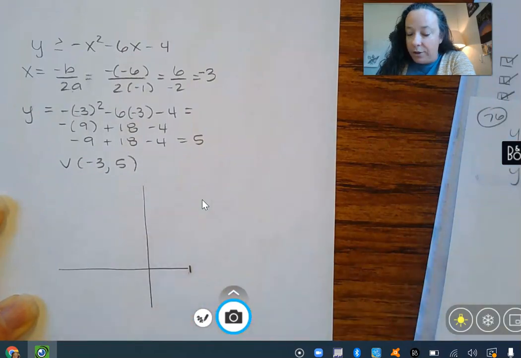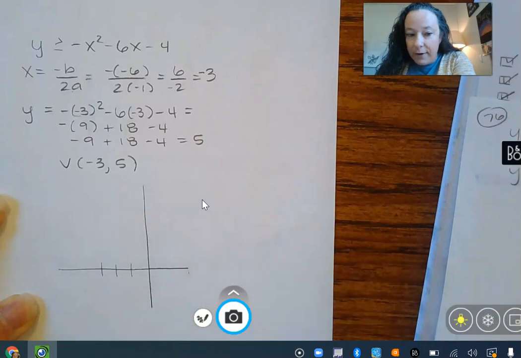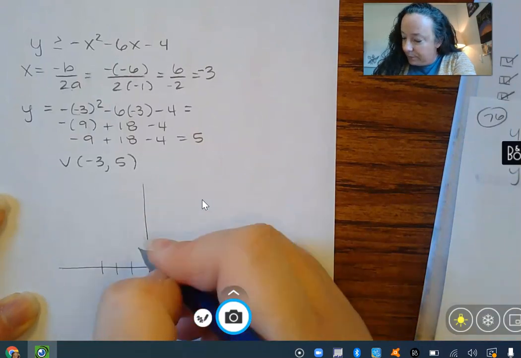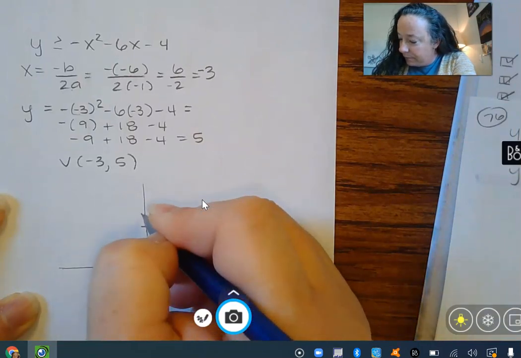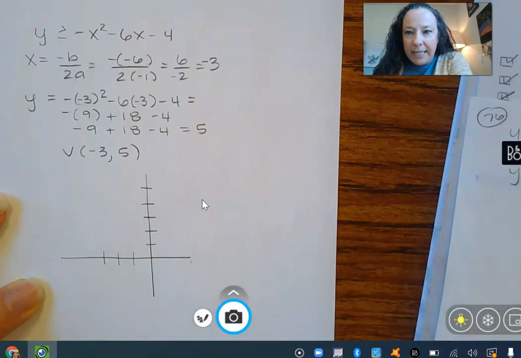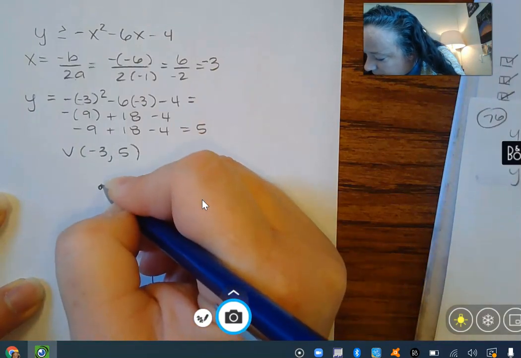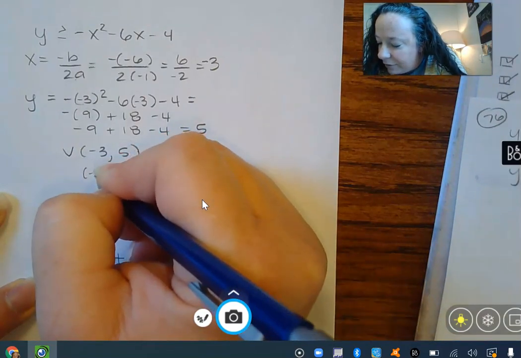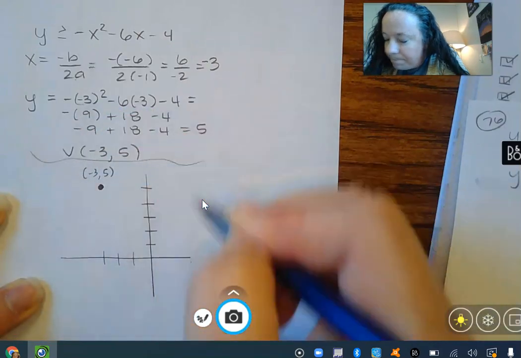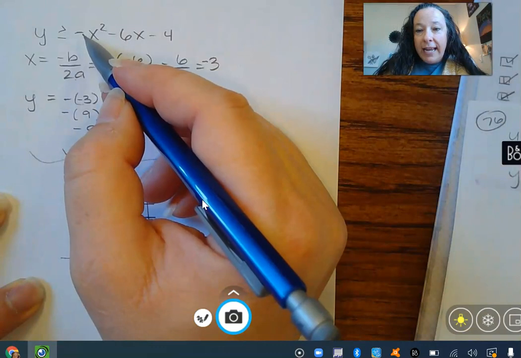So I'm in the second quadrant. -3. Taking my time. Don't have to be perfect, but taking my time. Okay, so there's my vertex, (-3, 5). Now my corresponding point, it's opening down and a is -1.